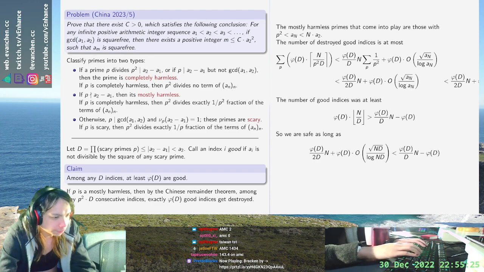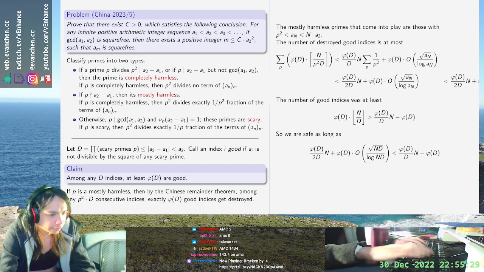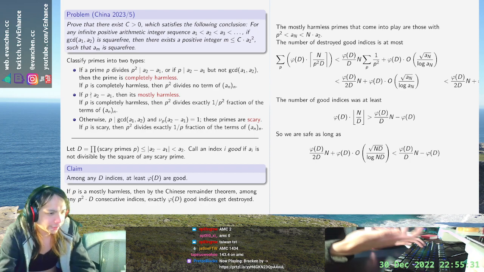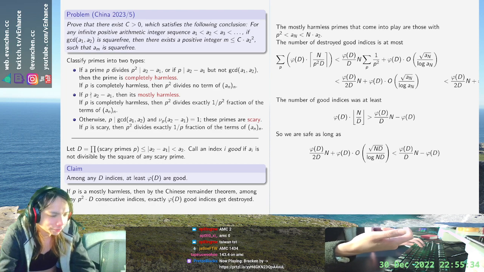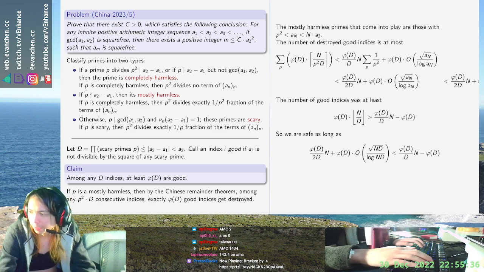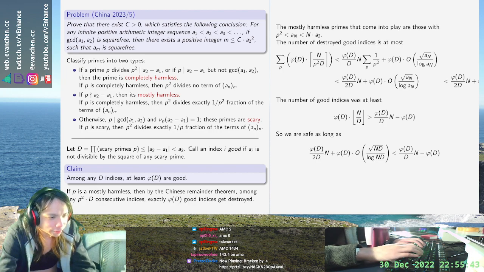So we're safe as long as n is greater than d. The phi of d's cancel, which is amazing because I really didn't want to deal with them. And we're safe as long as n is greater than something. What is that something? Phi d's die. That cancels. That goes away. D times square root nd over log nd.